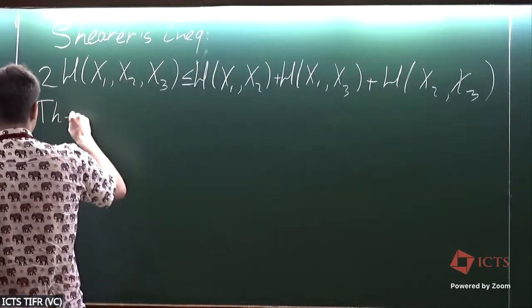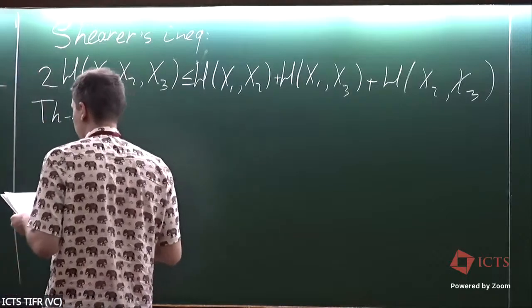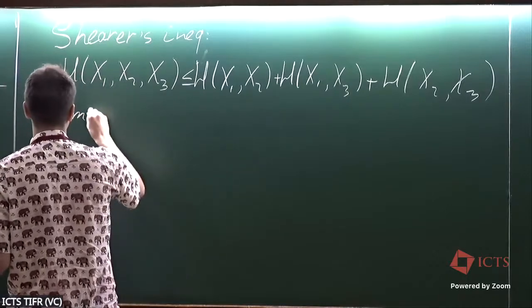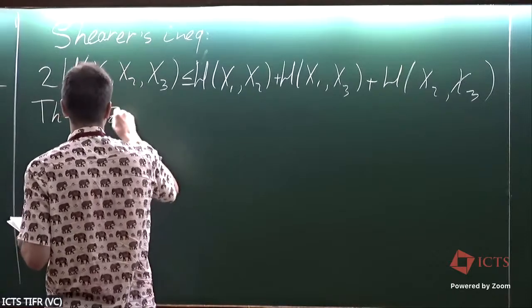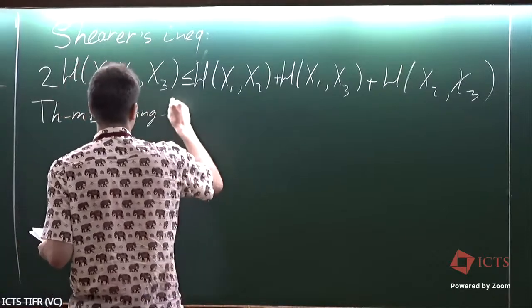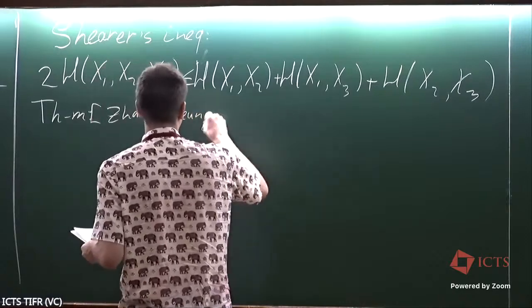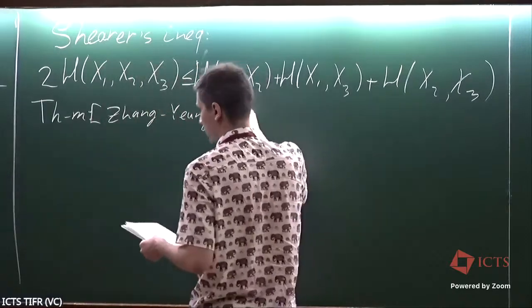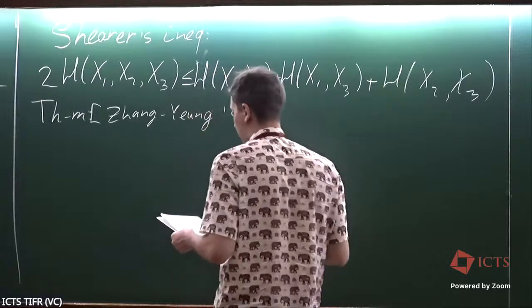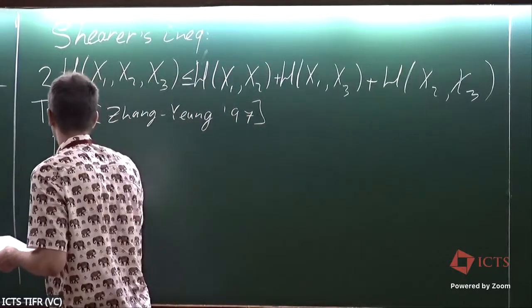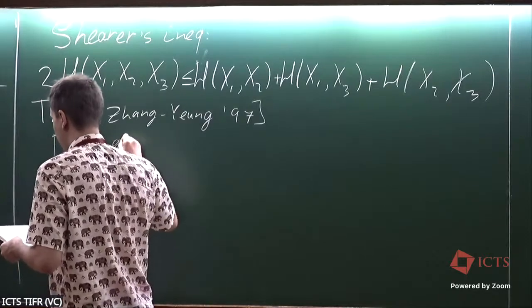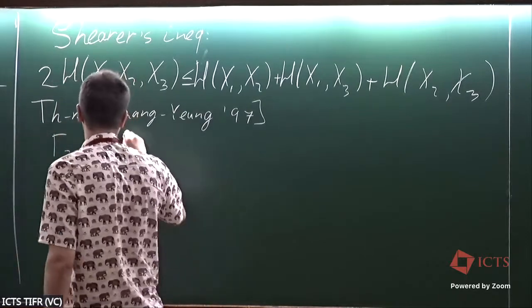The first non-Shannon inequality appeared later, but let's focus on three variables for now. There is a theorem by Zhang and Yeung from 1997, which says that gamma 3 is actually given by Shannon inequalities.